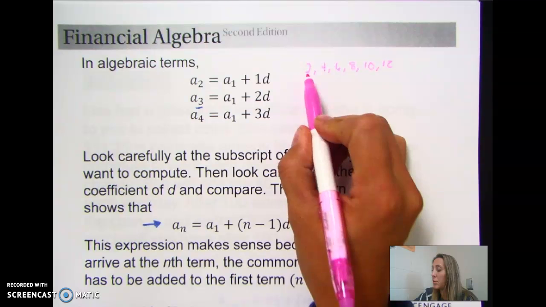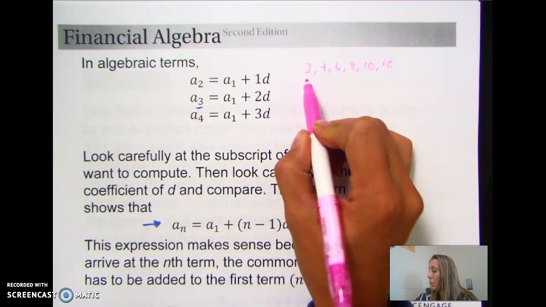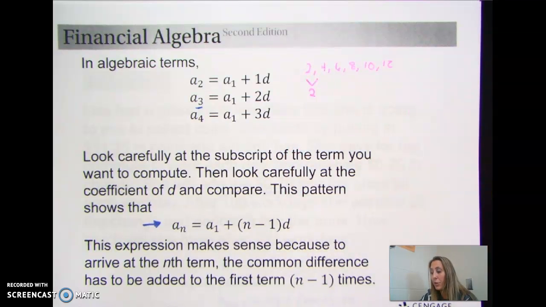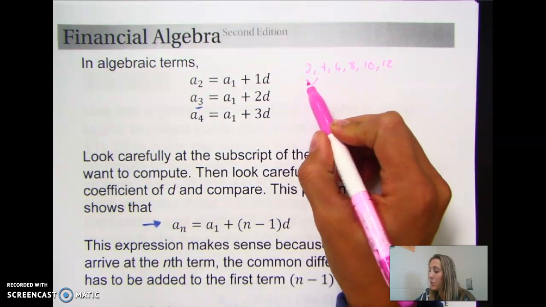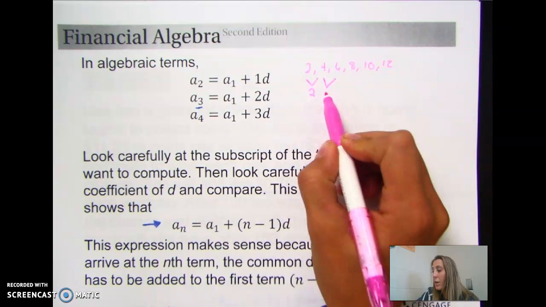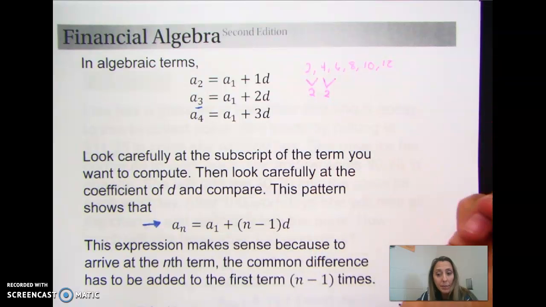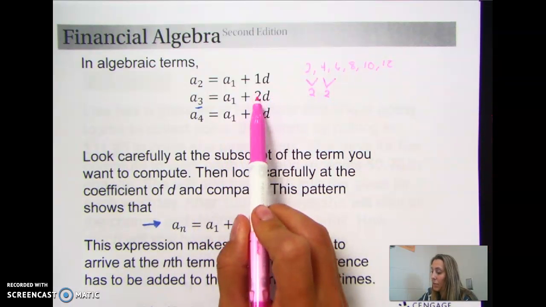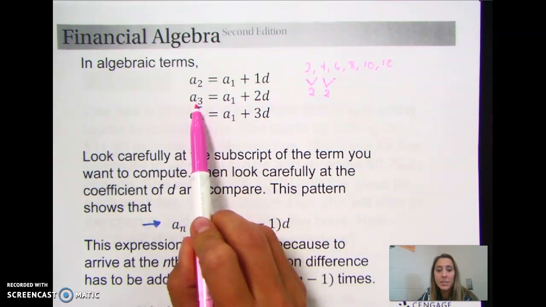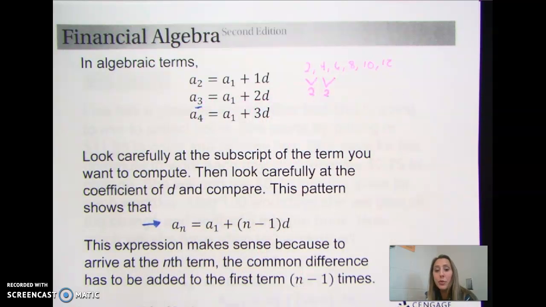To get from term 1 to term 2, we would need to add 2. To get from term 1 to term 3, we would need to add 2 times, so that's what this is saying right here. To get from term 1 to term 3, we need to add 2 of the common differences. The way that we denote this for any term is using that. So that is the explicit expression that we are going to be using going forward.